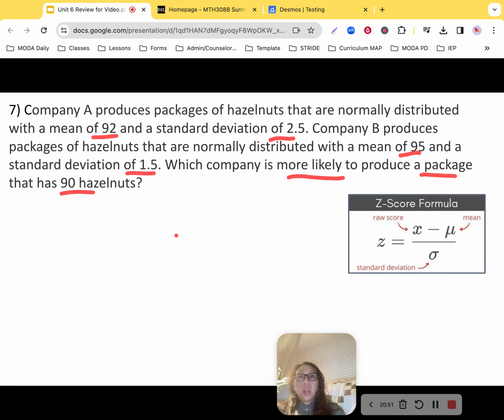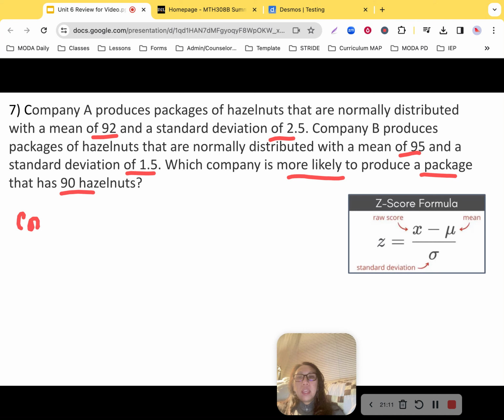Now, again, we are comparing two companies to see which is more likely to produce 90 hazelnuts. So again, we are looking for the z-scores, and we are looking to compare which is closer to 0.